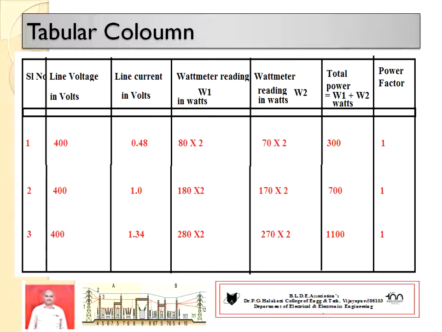Similarly, W2 reads 70, and its multiplying factor is also 2. So total power by the 2 wattmeter method, W1 plus W2, 160 plus 140, you are going to get 300 watts.